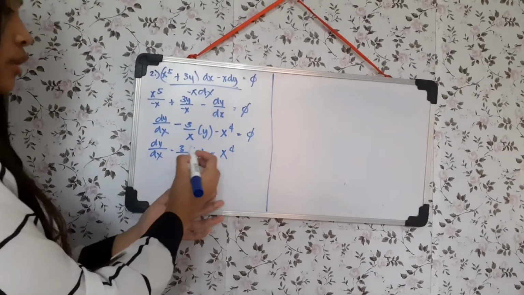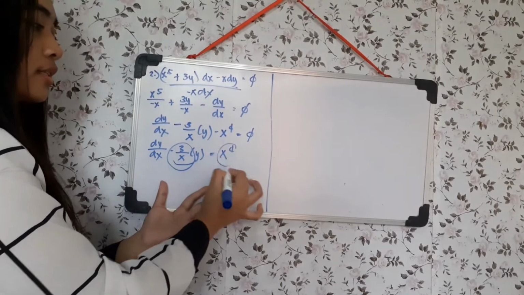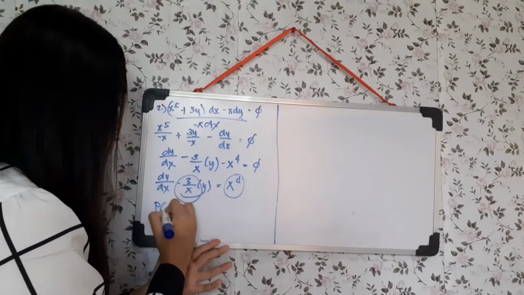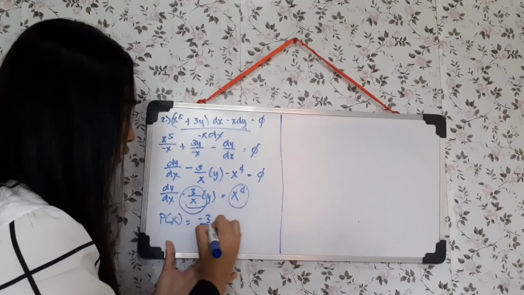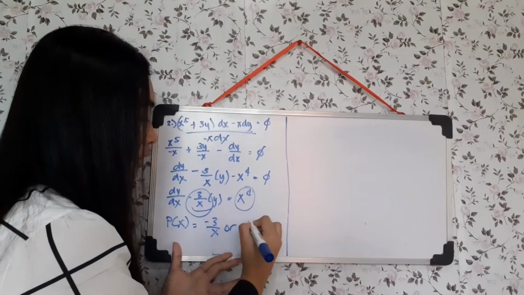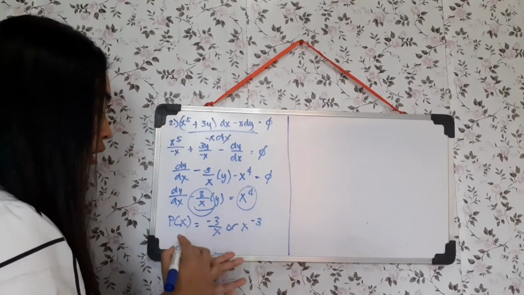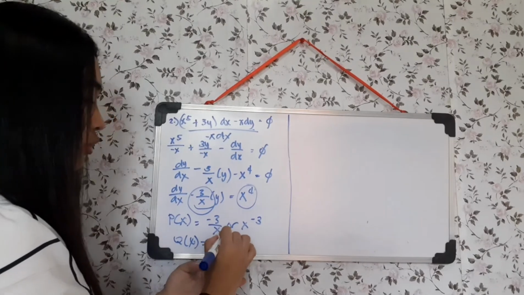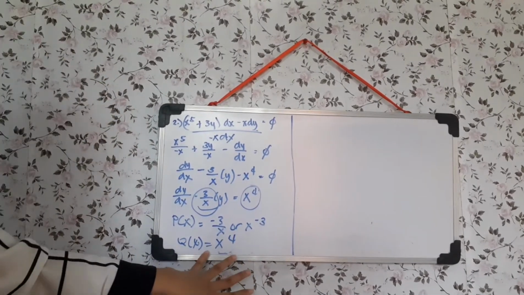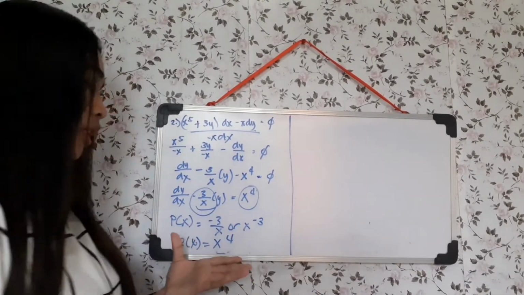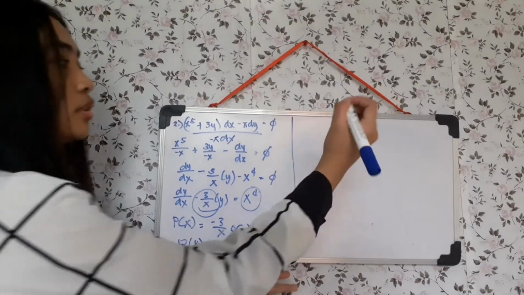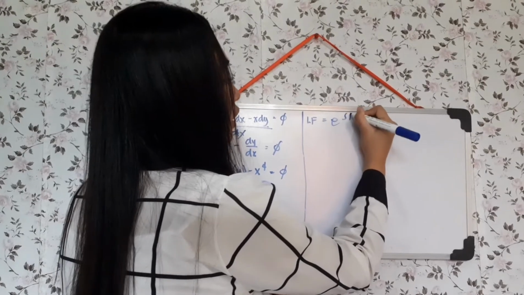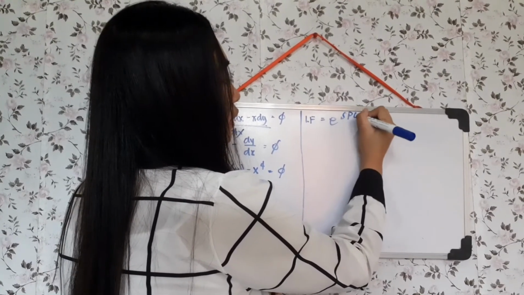Now we see that we have the value of p of x and the value of q of x. So p of x is negative 3 over x, or x raised to negative 3, and q of x is equal to x^4. Now proceed, after getting the p of x and the q of x, to the integrating factor, which is equal to e raised to the integral of p of x dx.